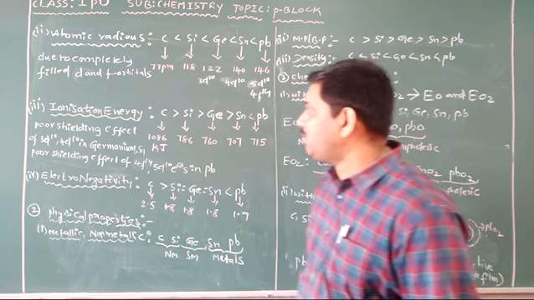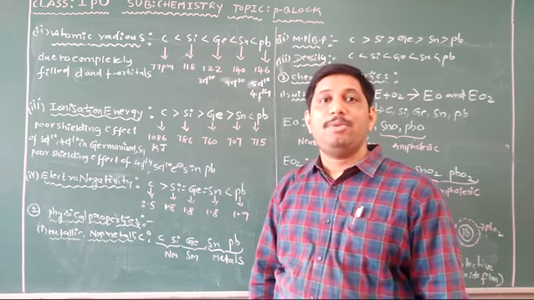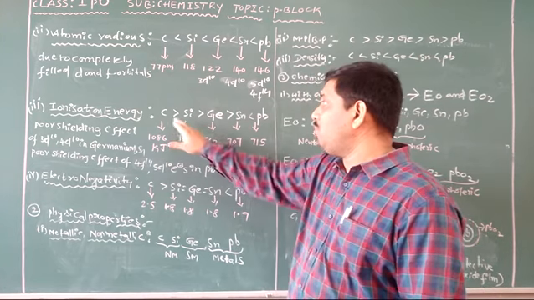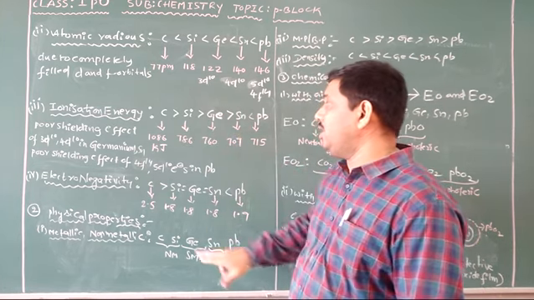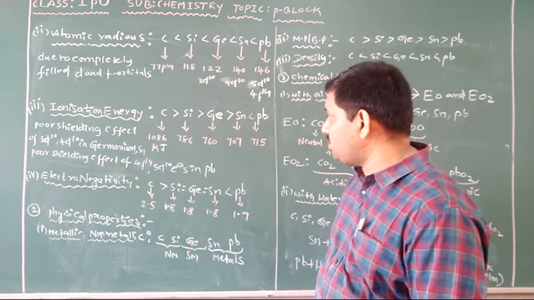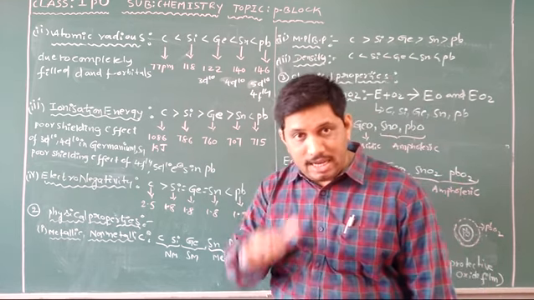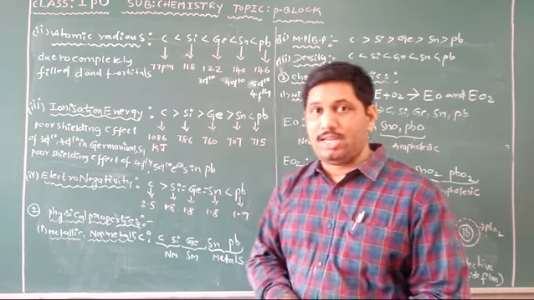Okay, student. Next one, ionization energy. The ionization enthalpies of group 14 elements are as follows: carbon, silicon, germanium, tin, lead: 1086 kilojoules, 786 kilojoules, 760, 707 and 715 kilojoules. Generally, in a group, the ionization enthalpy decreases.